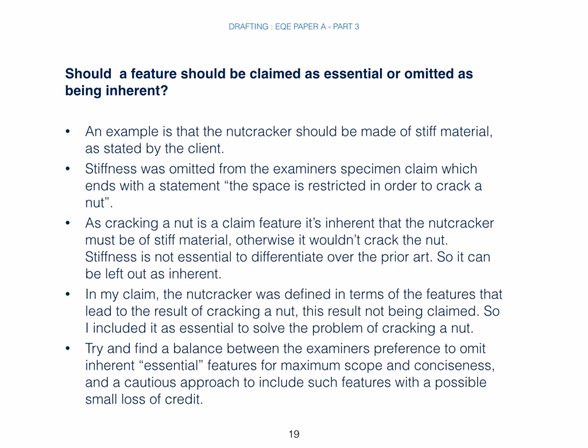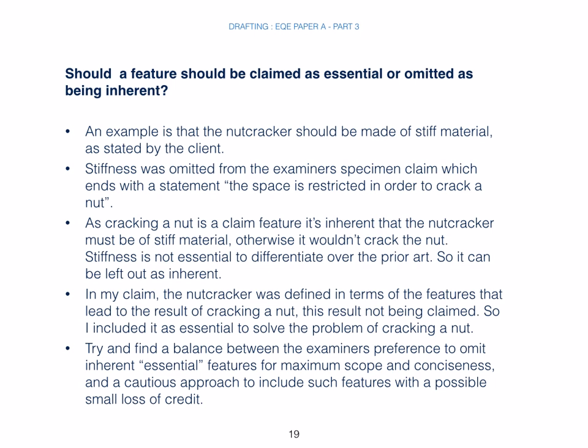So I included the stiff material as essential in order to solve the problem of cracking a nut.